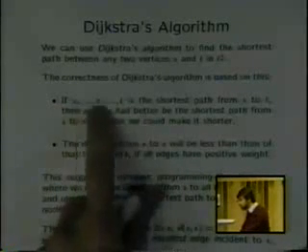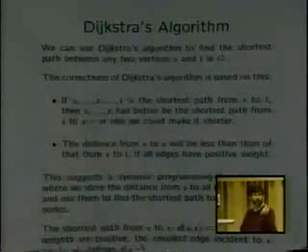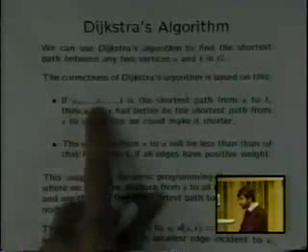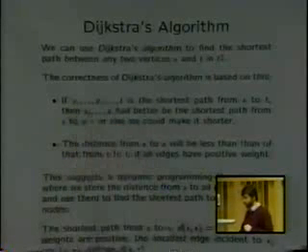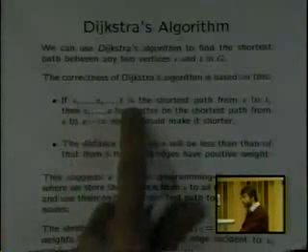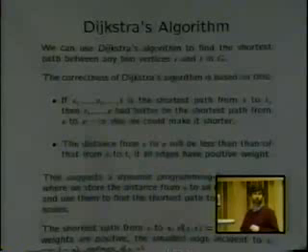No, because we would have used that shorter path and reduced the total cost. So if you believe that, what this says is we have to build up the shortest paths to nearby vertices before we can build up the shortest path to a faraway vertex.